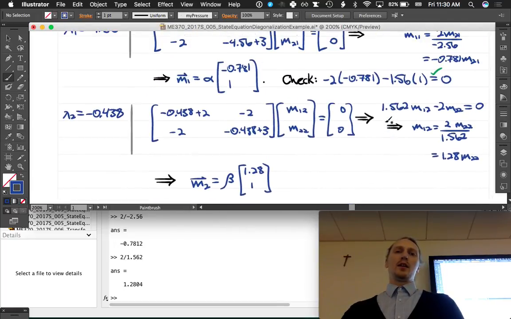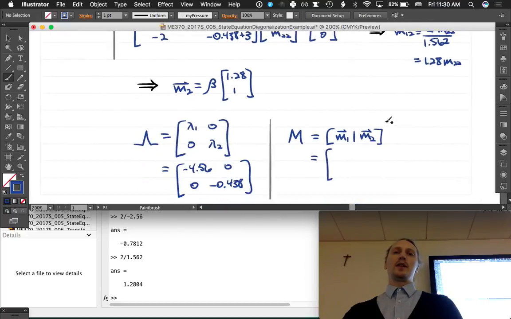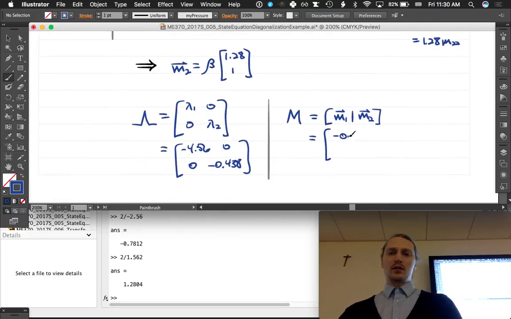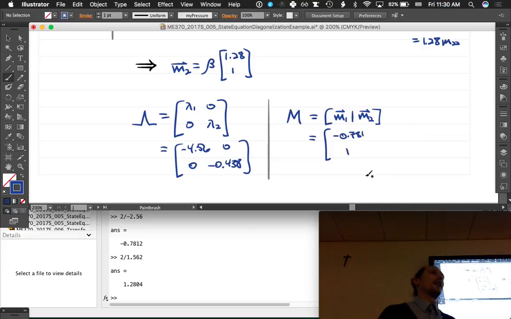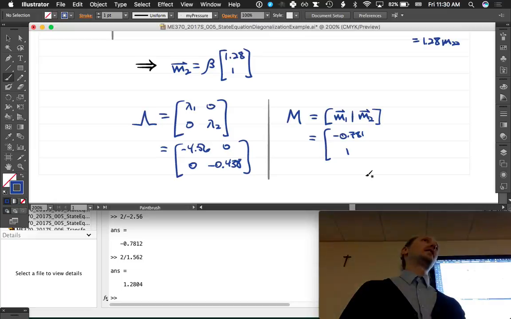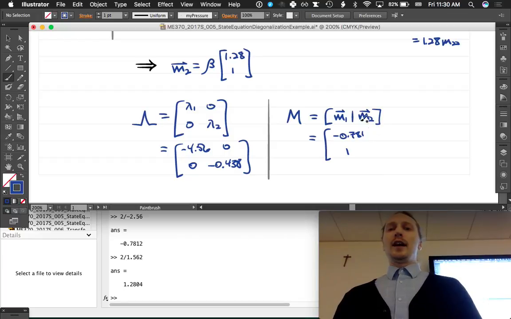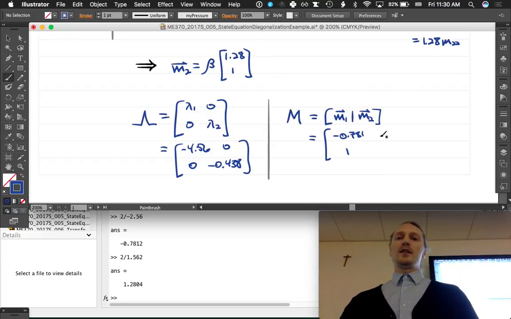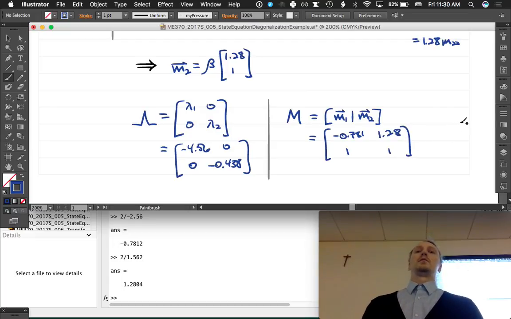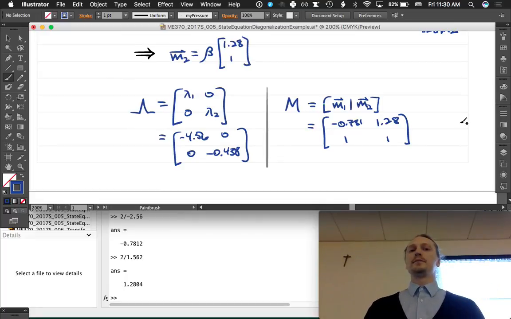M1 is negative 0.781 and 1. And this alpha thing, we're just going to totally say alpha is 1, because we could choose anything we want. And actually, Matlab will use a different scaling than us, but they'll get the same answer. Or they darn well should. M2 is 1.28 and 1. So there's our modal matrix.